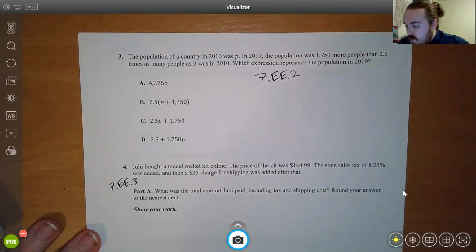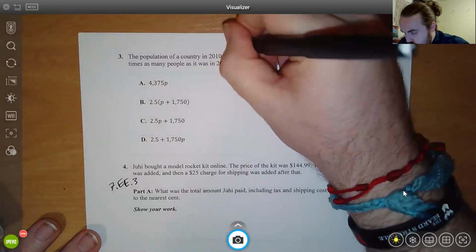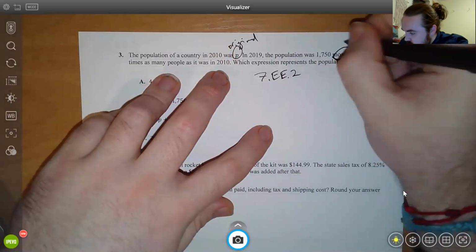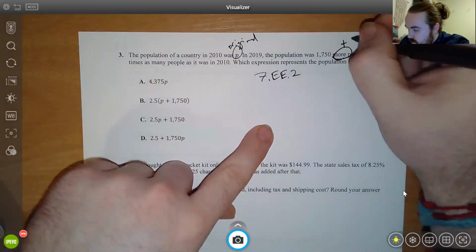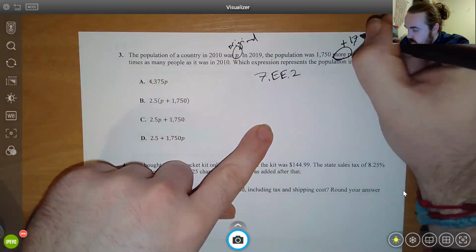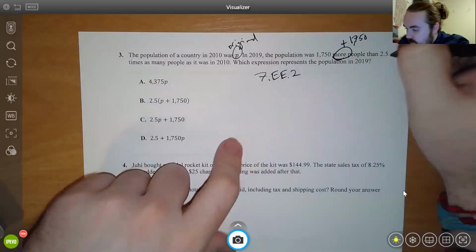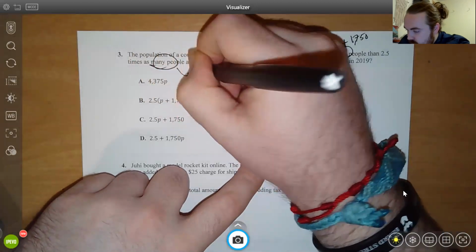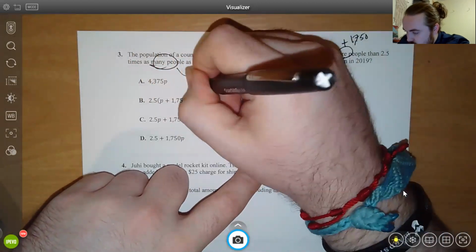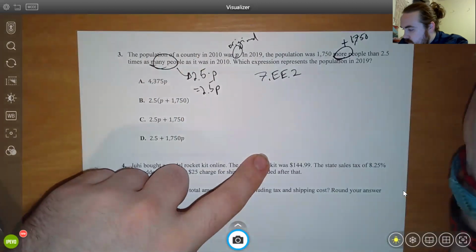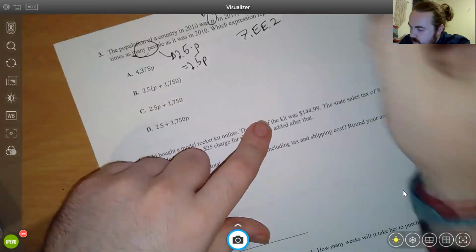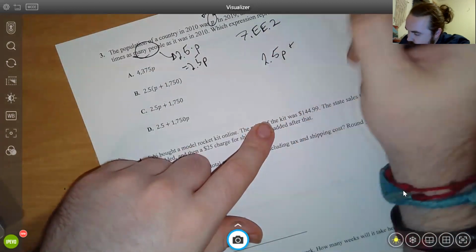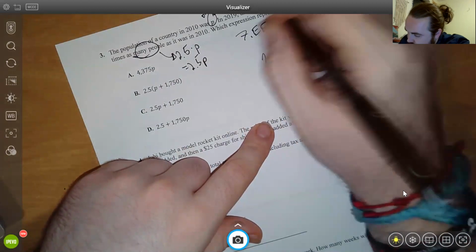All right, so let's identify our original: P. Was more, so plus 1,750. 2.5 times as many people as it was in 2010 means 2.5 times P, just 2.5P. So I think it's going to be 2.5P plus 1,750.